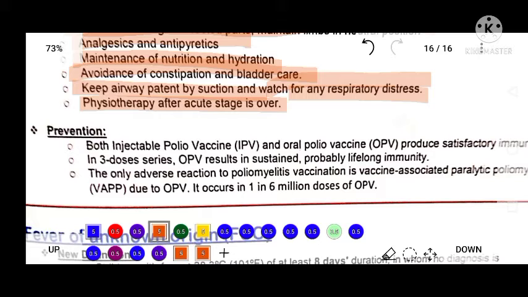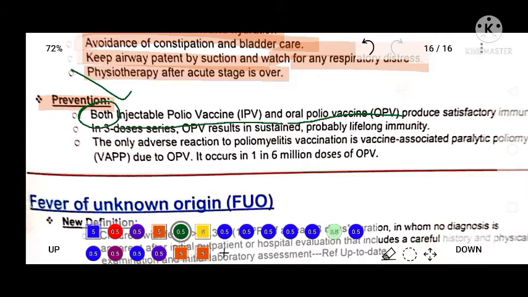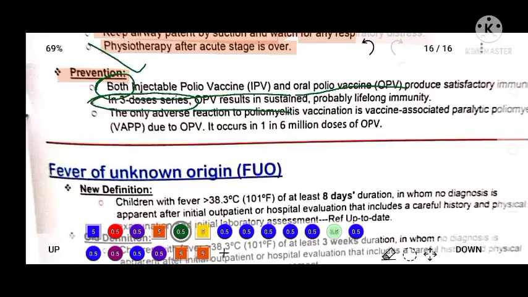So in this way we can treat the patient, but prevention is the most important aspect for polio, by injectable polio vaccine and oral polio vaccine. Three doses of the oral polio vaccine series should be given, and these 3 doses give lifelong immunity for polio.